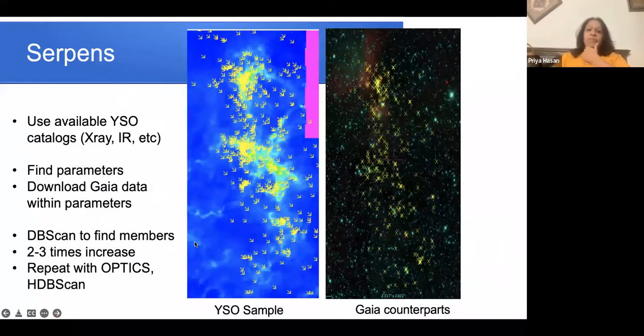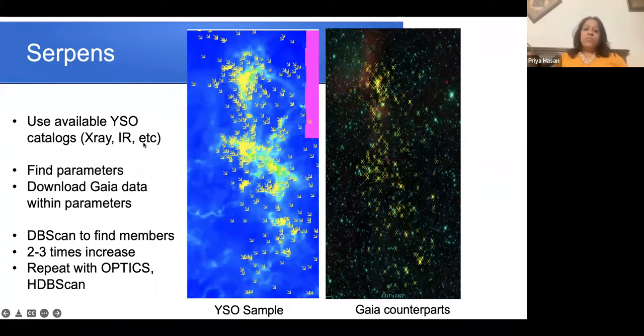The last example, which I'm now going to talk about, is another example which we have also tried to use for membership analysis. This is for the Serpens, which is a star-forming region, and we tried to apply it to look for members. This is a very young star-forming region, and therefore what we did in this case is we used known young stellar object catalogs. What you see on this sample is an extinction map using the NICER technique, and on this we have overplotted the young stellar catalogs of objects identified using X-ray and infrared data.